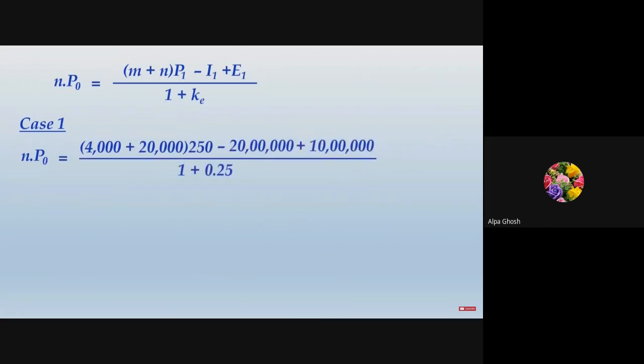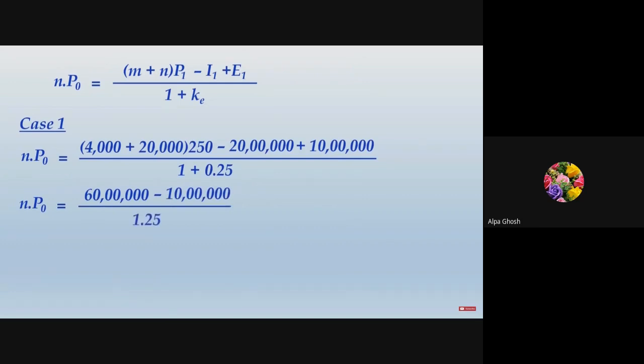In fact, when you write the formula now, you would apply case 1 and case 2 to prove that your calculation will be same with respect to NP0 whether your dividend is declared or not. In other words, irrespective of the dividend payout ratio, the NP0 value will remain same.